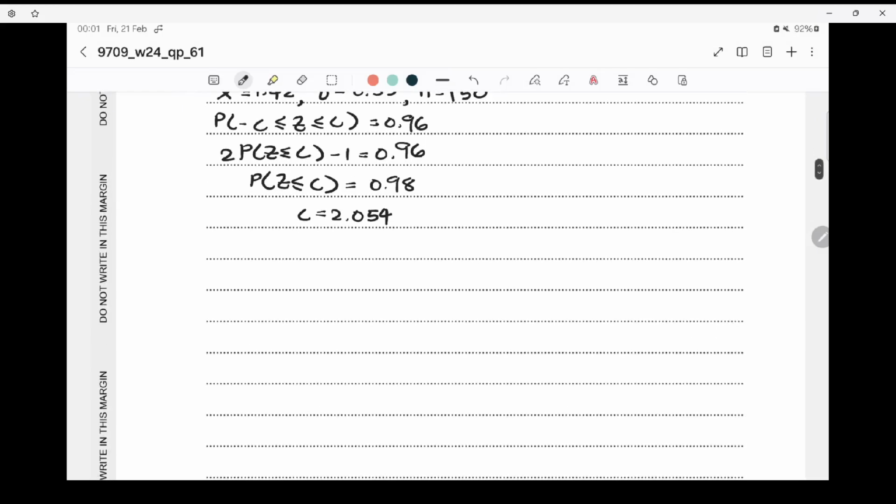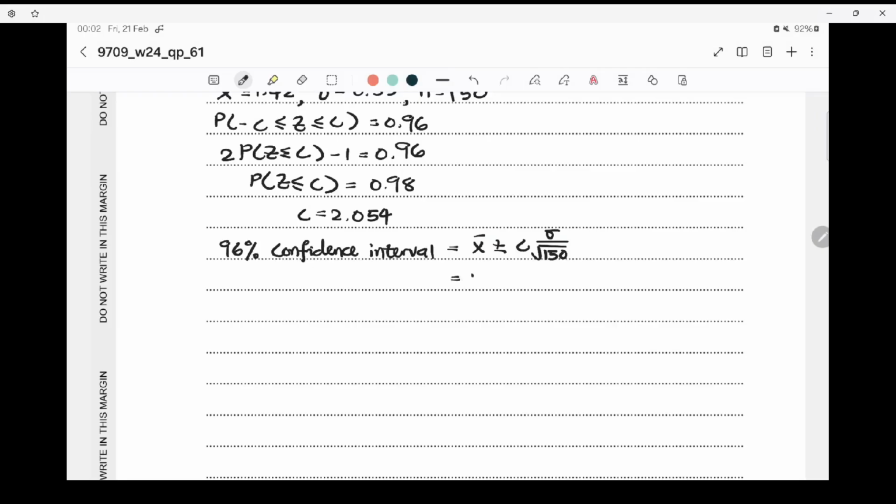Once you find your value of C, the 96% confidence interval would be your X bar plus or minus C multiplied by your population standard deviation divided by the square root of 150.